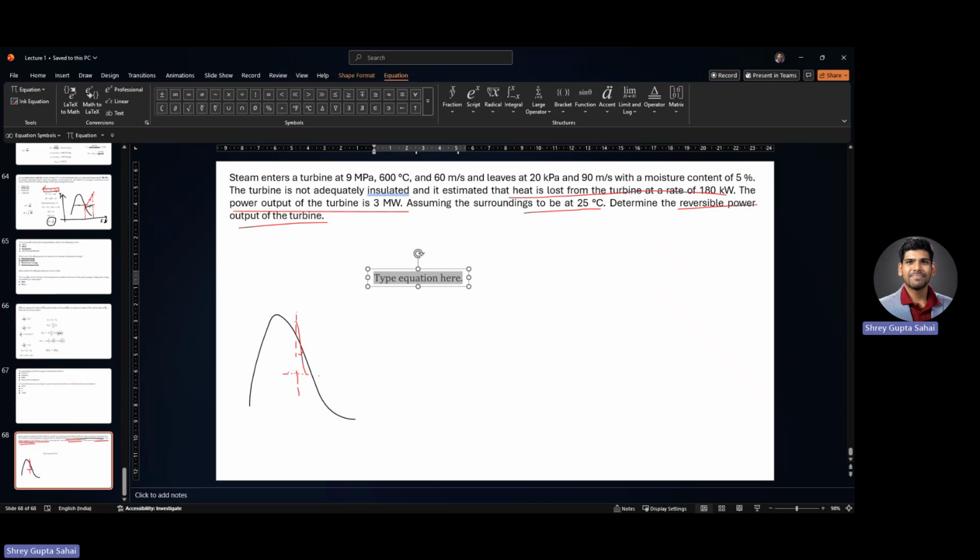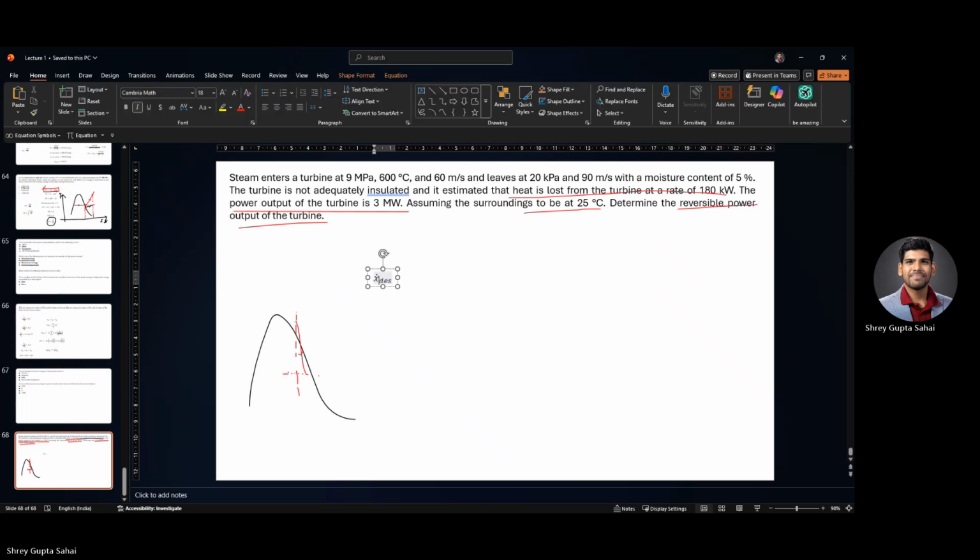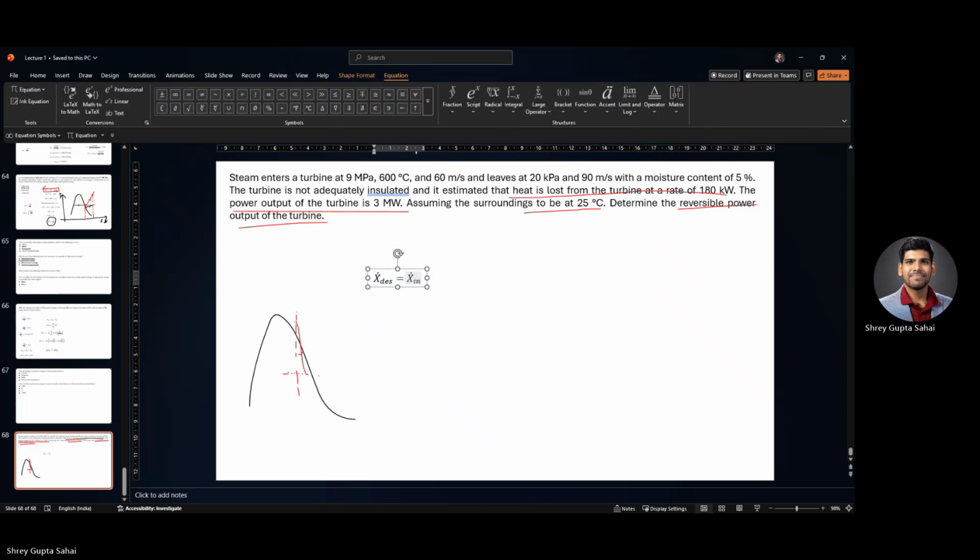First of all, this is a steady flow process. Okay. So steady flow process means that there will be some exergy destroyed, right? Okay.